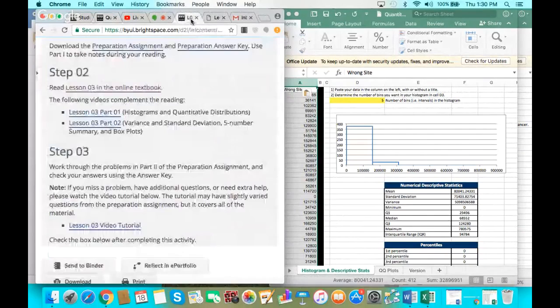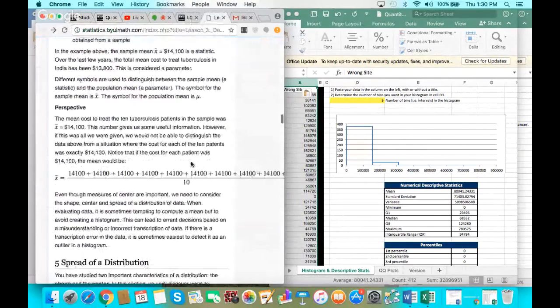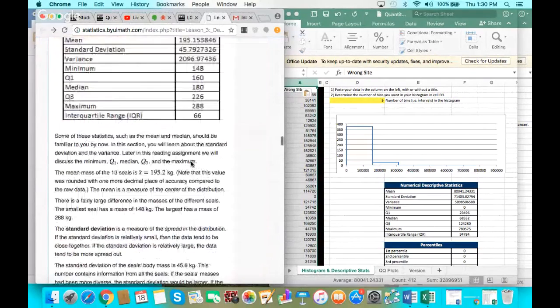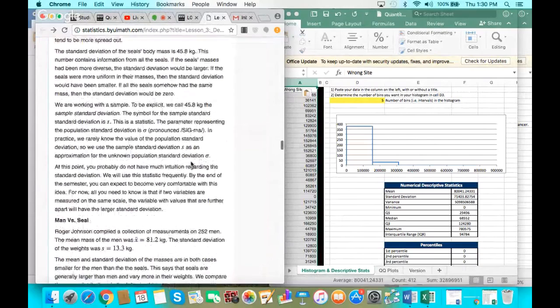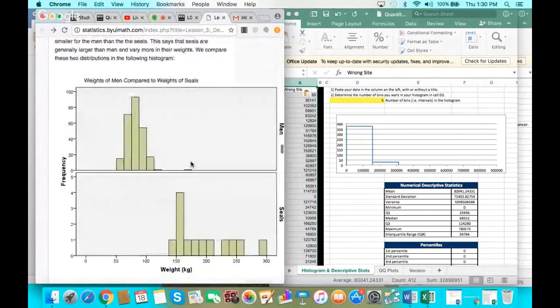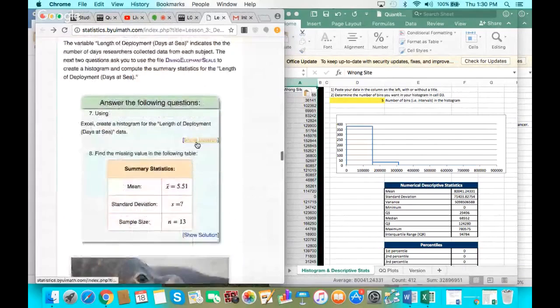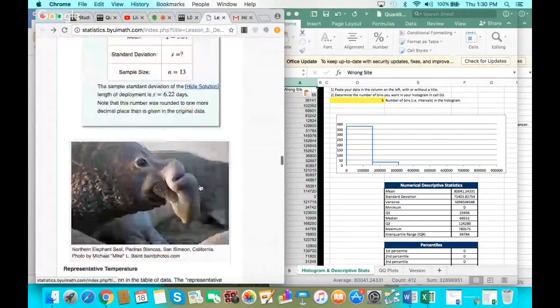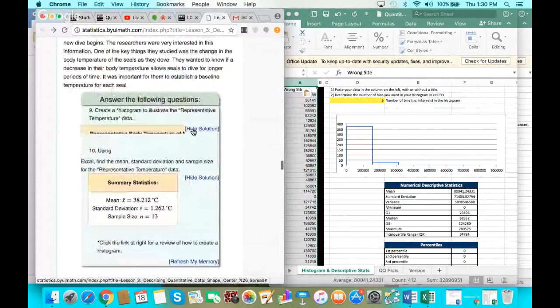Further down? Yeah. A little bit further. Nope. Oh, a little bit further, yeah.